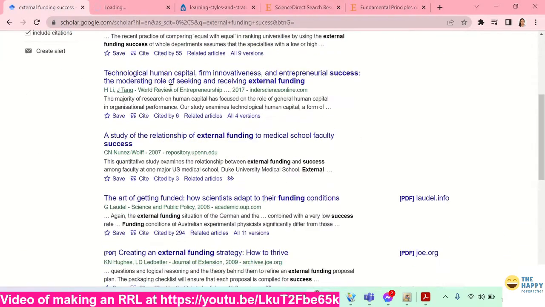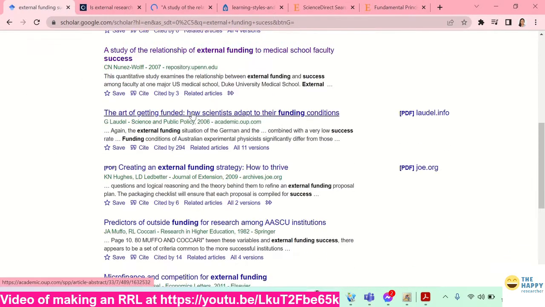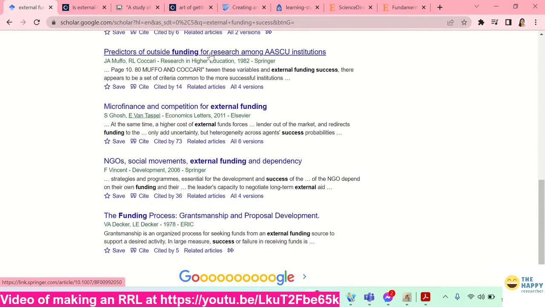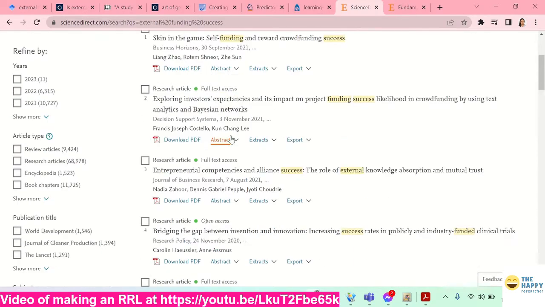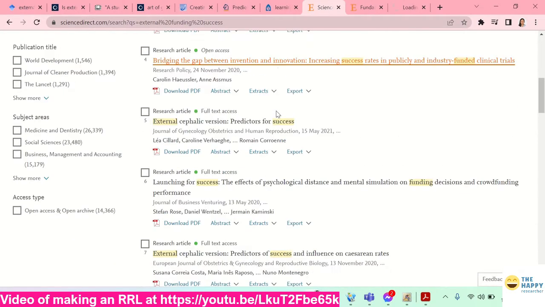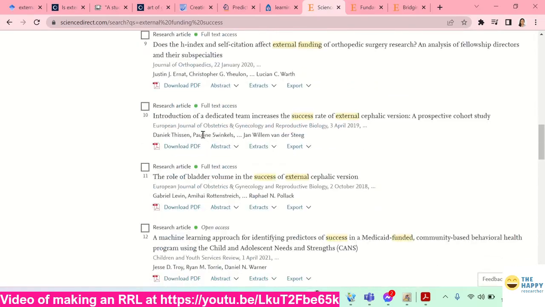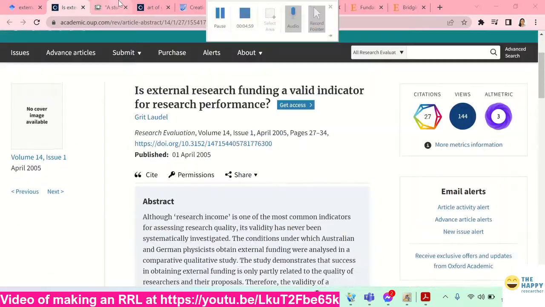The topic that I will be making today is on knowledge of faculty researchers on preparing proposals for submission to external grants.